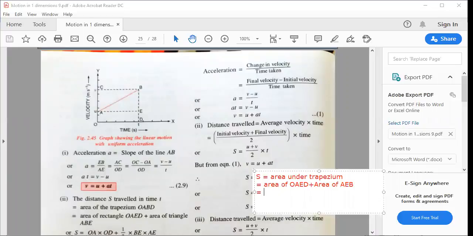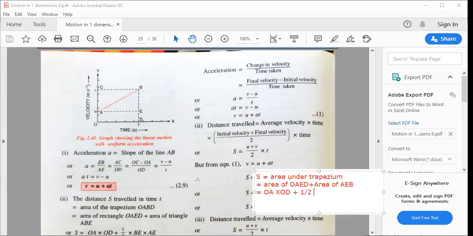Okay. What is area of OAED? U into T. If you observe, it is OA into OD. What is the area of AEB? It is half base into height.